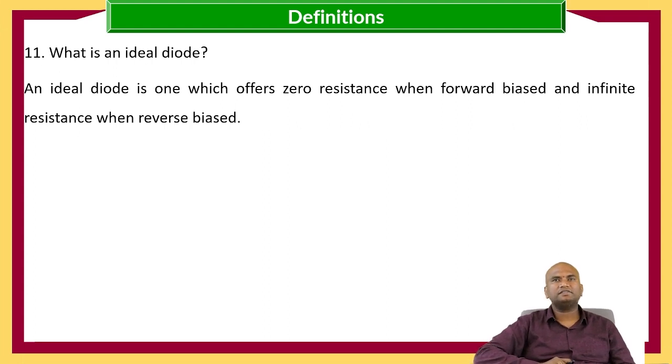Infinite resistance is nothing but an open circuit. So the ideal diode is like a short circuit in forward bias and an open circuit in reverse bias.